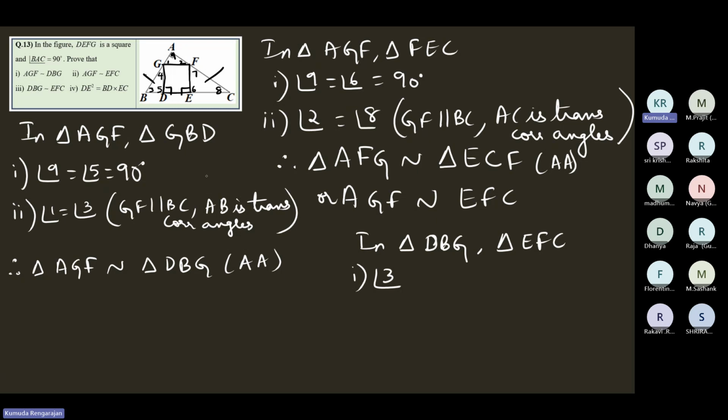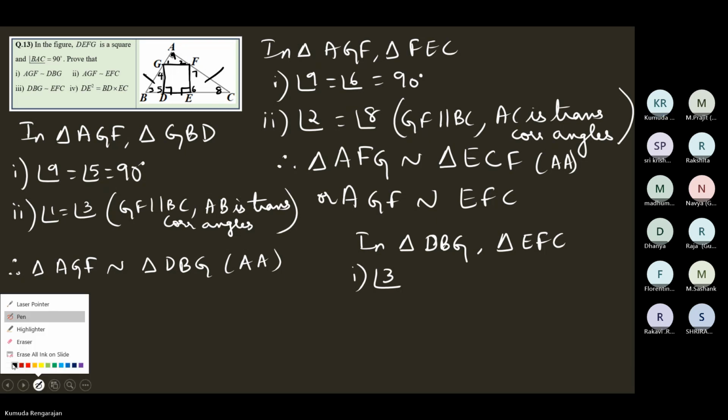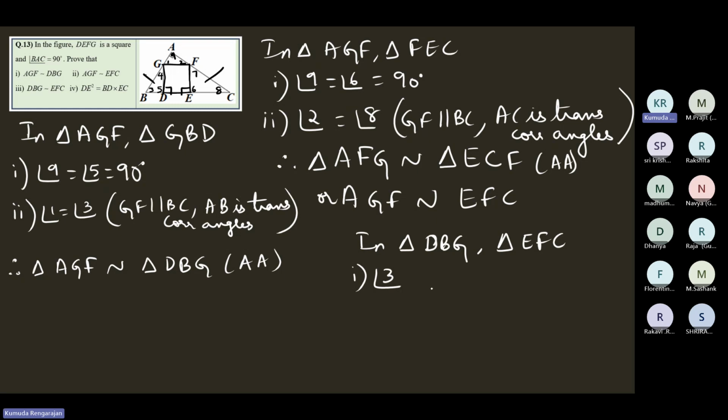Because we have right triangles here, write one angle of the first triangle and one angle of the second triangle, whose sum should be 90. So I'm writing 3 of the left triangle plus 8 of the right triangle is equal to 90. Because in the whole triangle ABC, this is 90, no?